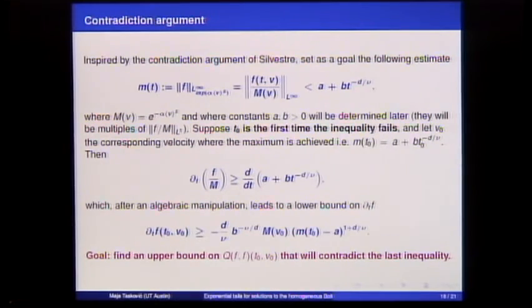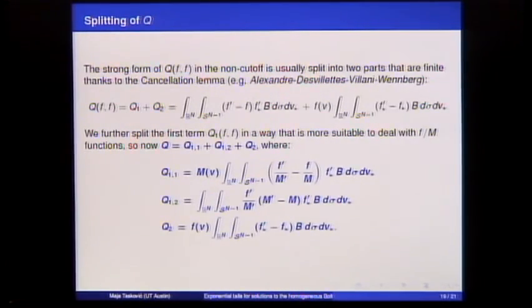To contradict this lower bound, you use that partial t f is equal to q, and then you look for an upper bound of q which is lower than that. That's going to be your contradiction. To do that, you have to split q. The typical splitting of q was this, because f prime minus f gives you the cancellation, but that wasn't good enough for us. So we had to split it further. And it was this way. I cannot tell you much more.